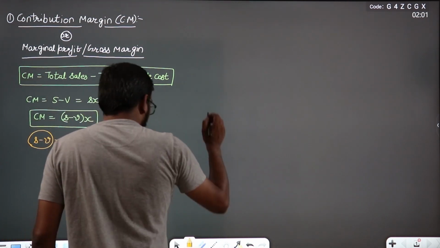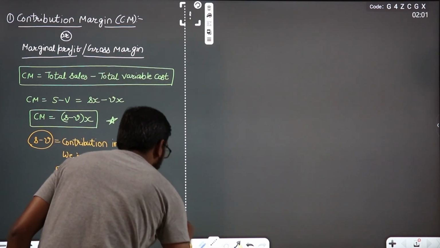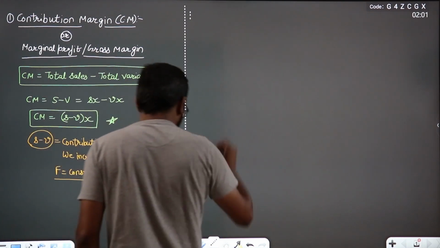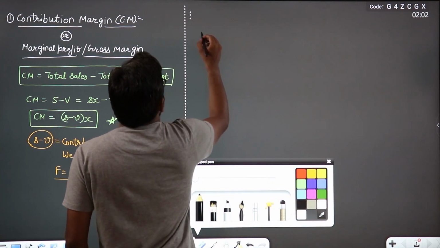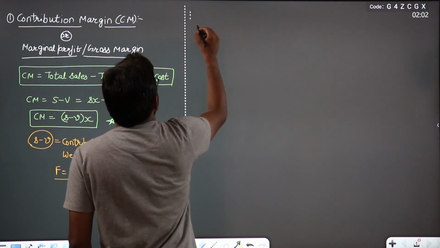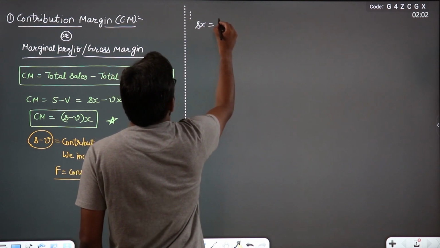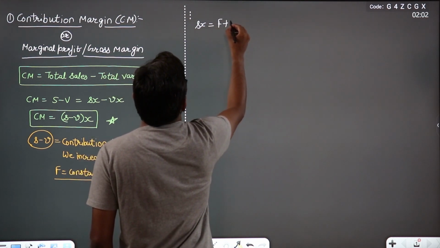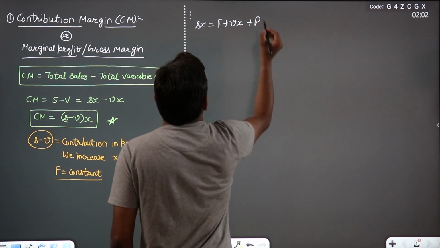Now, from our earlier discussion, we know that total sales will be equal to total cost, that is fixed cost plus variable cost plus profit.